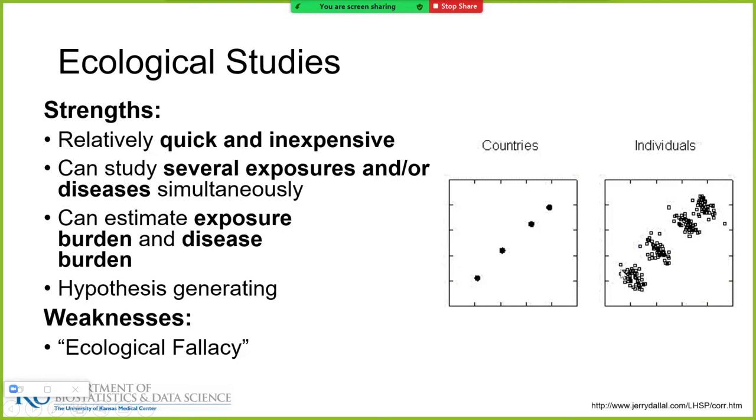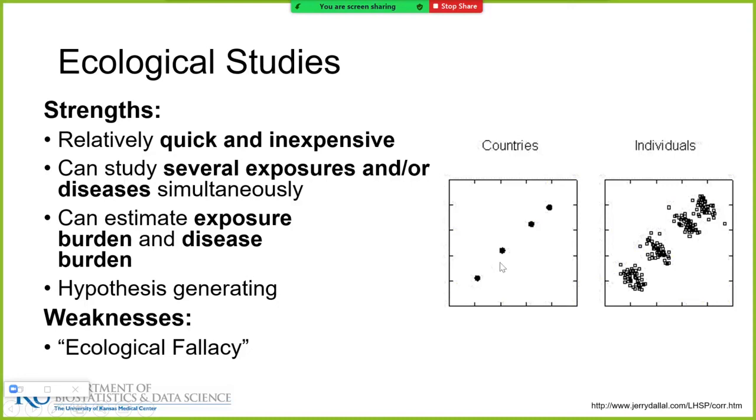Within country 1, let's say I have 50,000 individuals and this is the plot of their exposure and outcome in that country. Within country 1, there's actually a decreasing relationship between exposure and outcome. In fact, there's a decreasing relationship in country 2, in country 3, and in country 4.